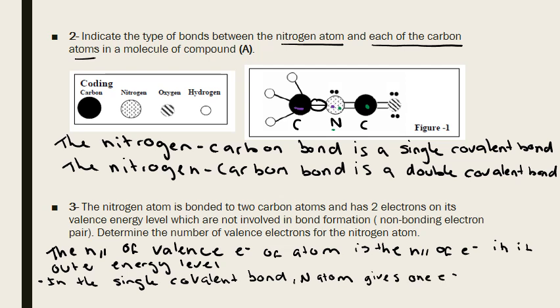In the double covalent bond, the nitrogen atom gives 2 electrons. Also, there are these 2 lone pairs here. Can you see them? There's the first one, this is the second one.